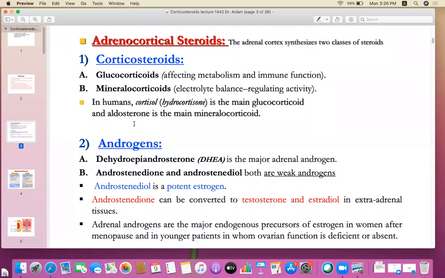Cortisol. And aldosterone is the main mineralocorticoid, which is naturally responsible for the electrolyte and water balance.